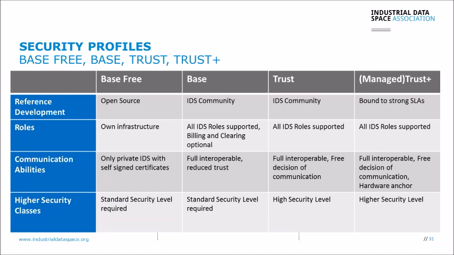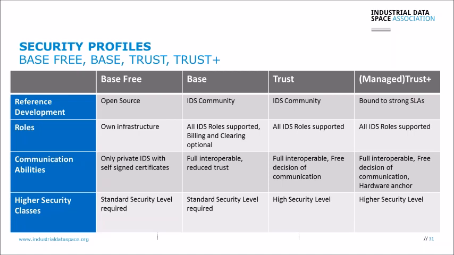He can decide if someone with a base connector offers data, whether he wants to accept those data, or he says, no, this data is not trustworthy enough. On the other hand, if the trusted connector is requested for data from a base connector, he can decide if this connector is trustworthy enough to provide those data, or if it will get only a subset of the data.